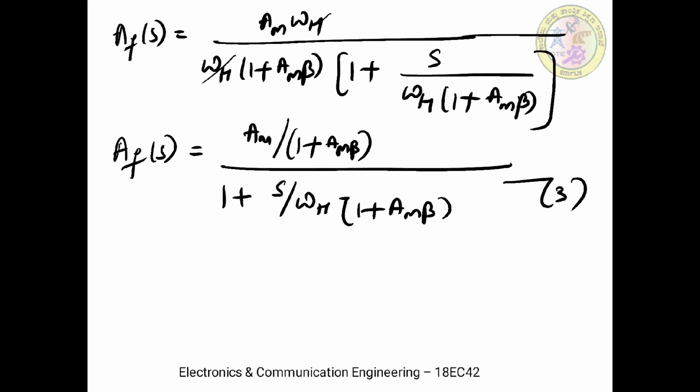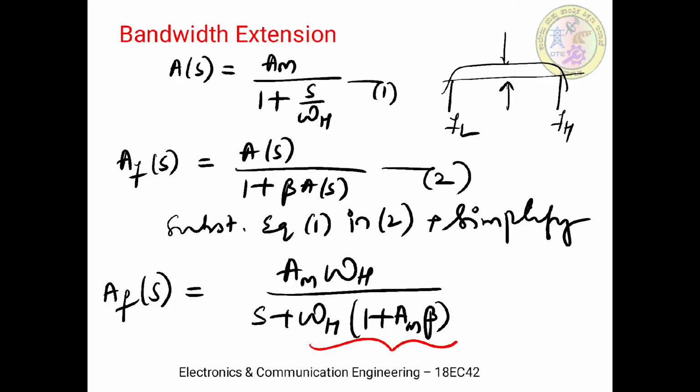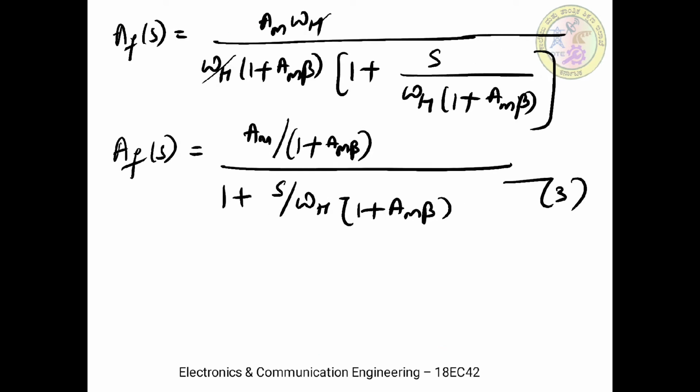Now we will compare this equation 3 with 1. In equation 1 what we have is AM divided by 1 plus S by omega H. In equation 3 we have AM by 1 plus AM beta, divided by 1 plus S divided by omega H into 1 plus AM beta.